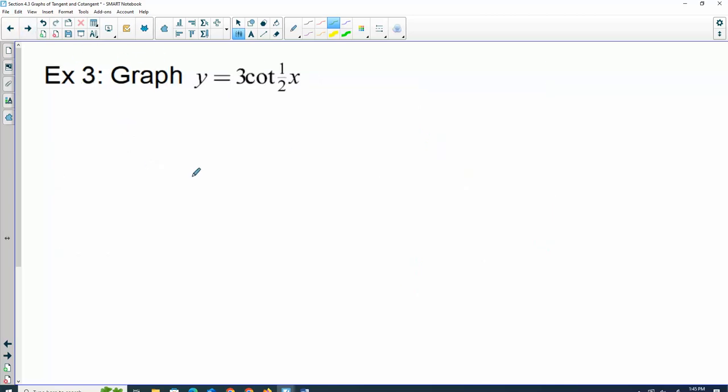Let's just keep trying. We'll do one more basic one here, and then we'll try some up and down and left and right. So this is cotangent. What's my amplitude?